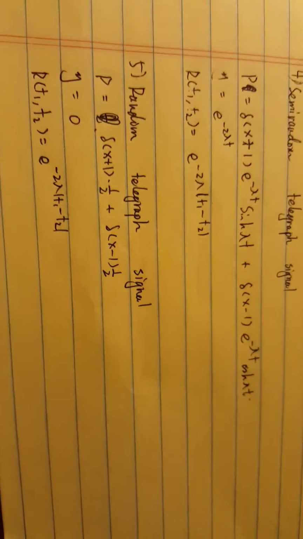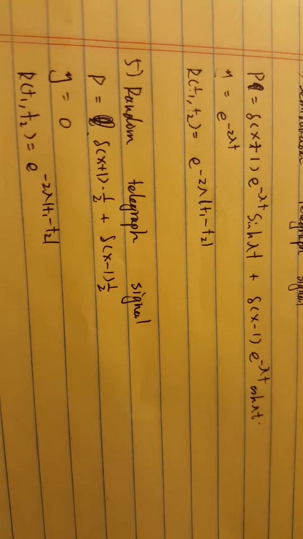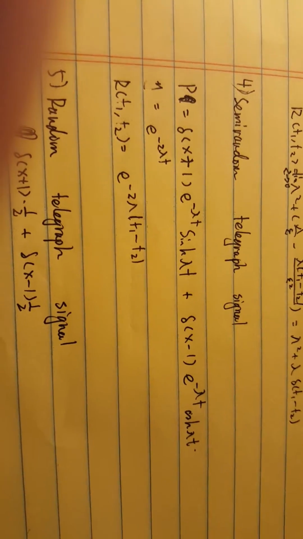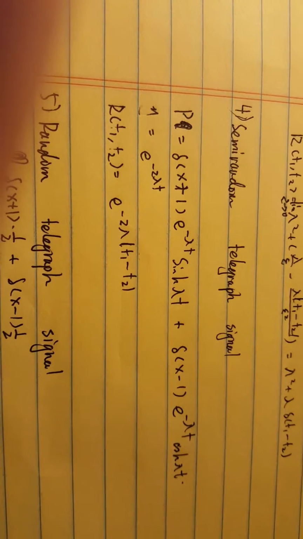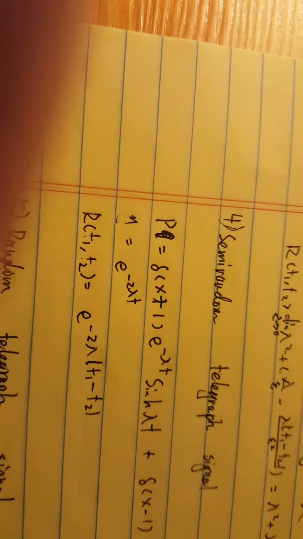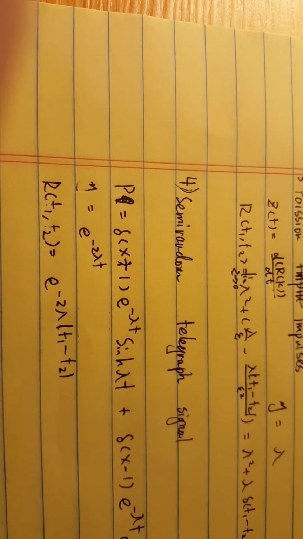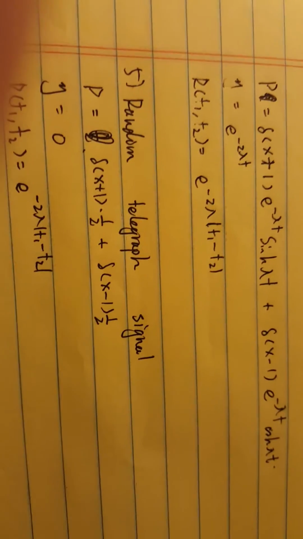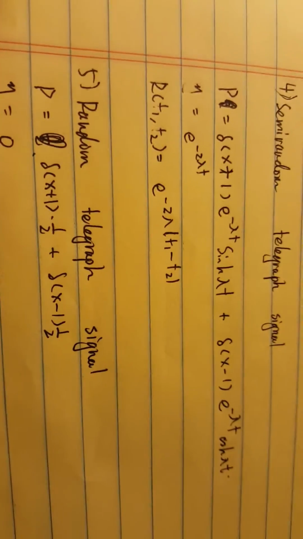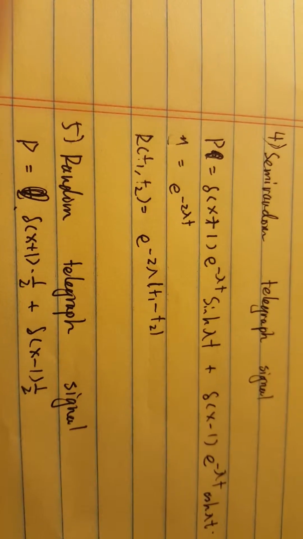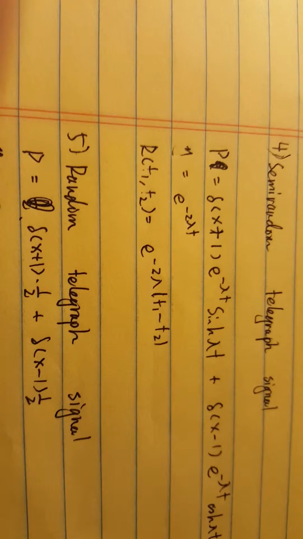And the fifth is the random telegraph signal. For the semi-random telegraph signal, when t is equal to 0, the value of the process is always 1 or minus 1. But in the random telegraph signal, when t is equal to 0, we don't know if x is equal to 1 or minus 1.